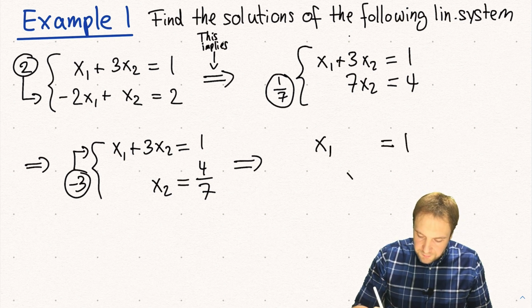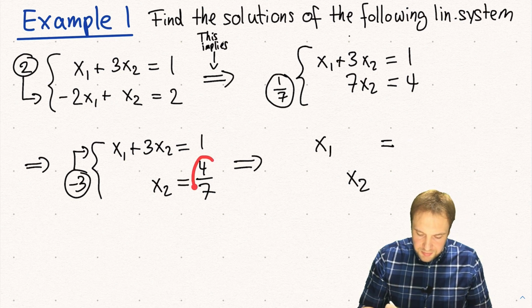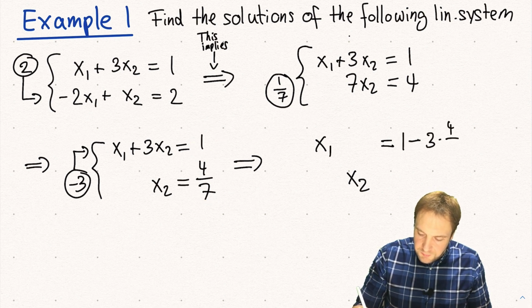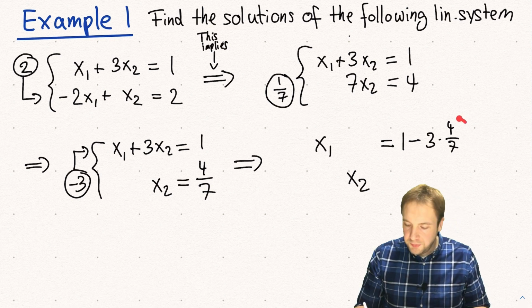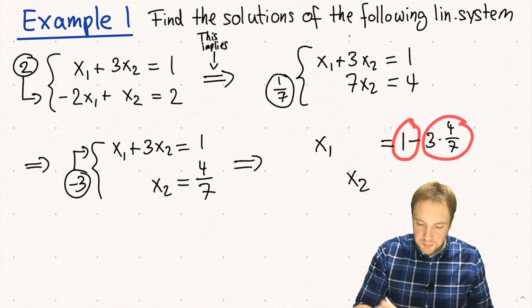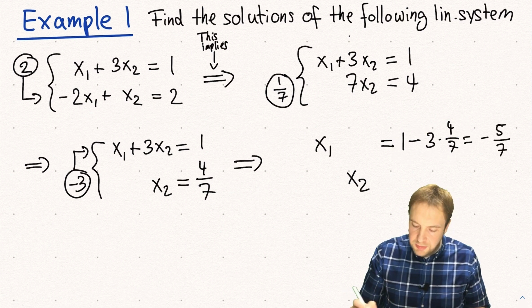And here I just have, this is not 1. Here I take minus 3 times this, and I add it to 1, so this is 1 minus 3 times 4 over 7. So this is 12 over 7, and here I have 7 over 7, so this is minus 5 over 7.